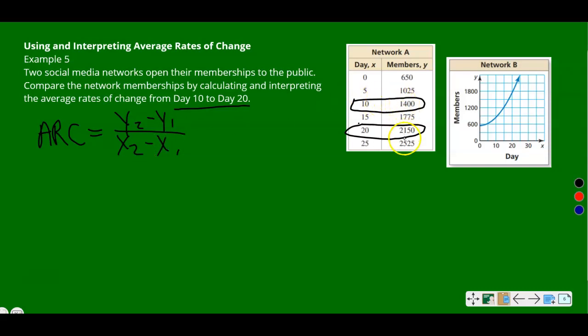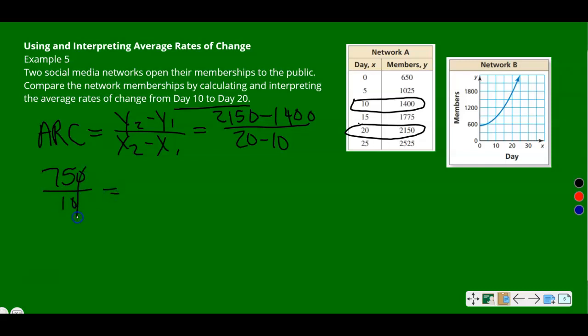So right here's my y values. So I just need to do the difference in y's. So I'm going to have 2150 minus 1400. And then I'm going to do 20 minus 10. All right, 2150 minus 1400 is 750 over 20 minus 10 is 10.